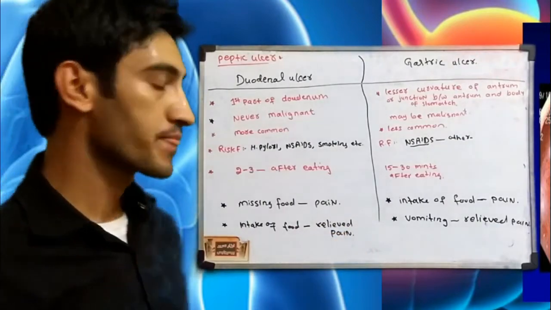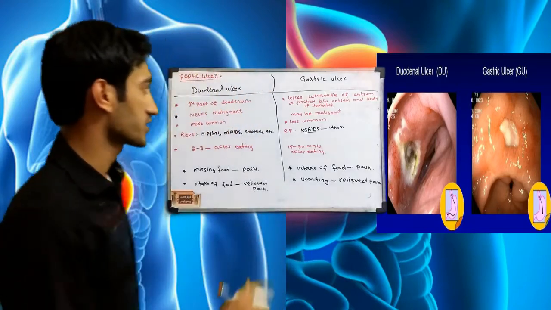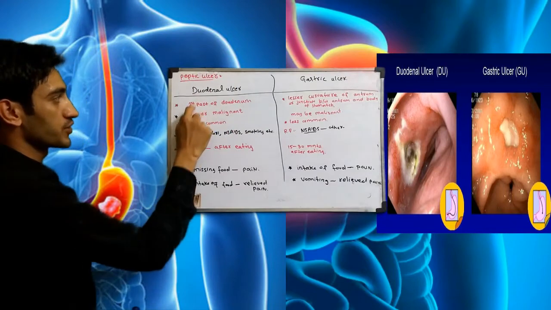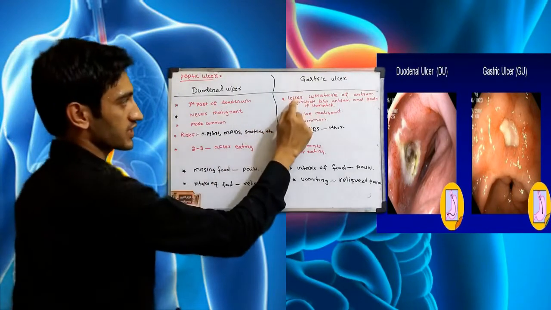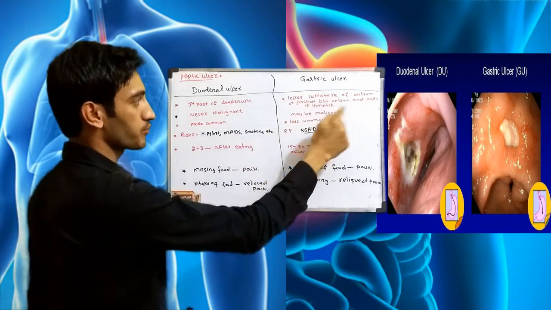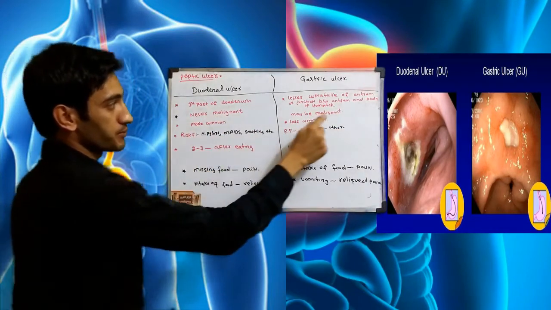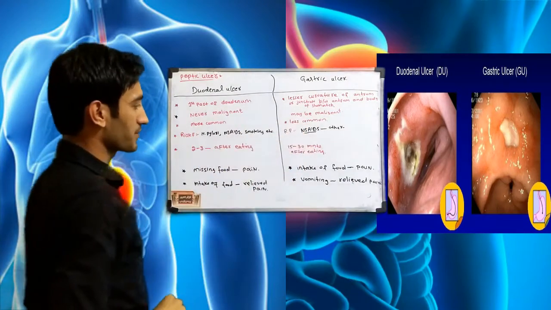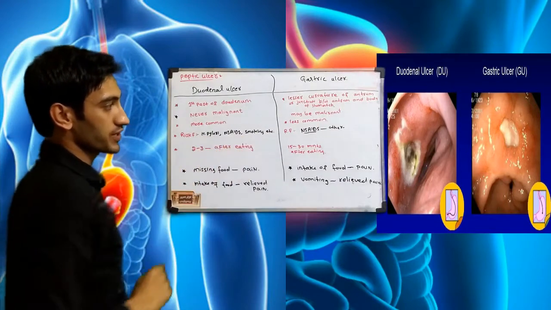Let's have a review. We are discussing the difference between duodenal ulcer and gastric ulcer. So the first difference is the location. Duodenal ulcer occurs in the first part of the duodenum, while the gastric ulcer occurs in the lesser curvature of antrum or the junction between antrum and body of the stomach. This can never be malignant, this may be malignant. This is more common, this one is less common. Here the risk factors include H. pylori, NSAIDs, smoking.